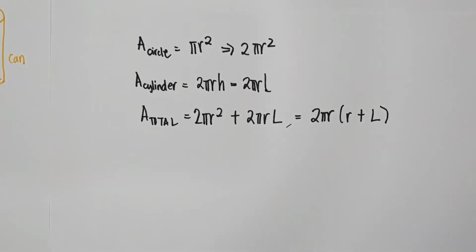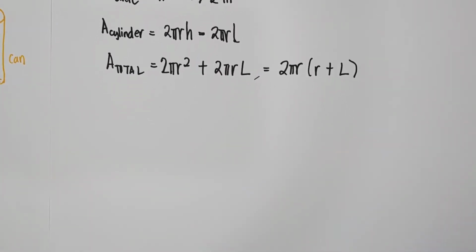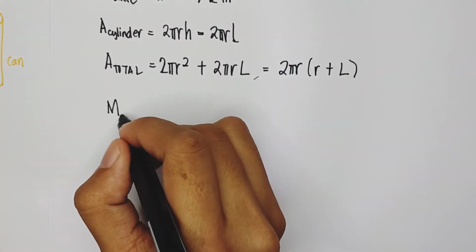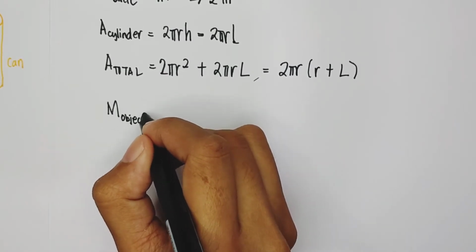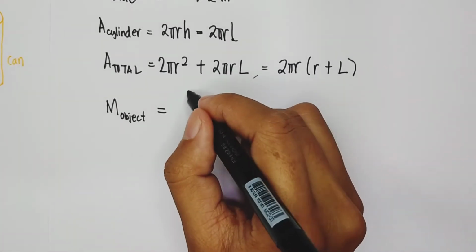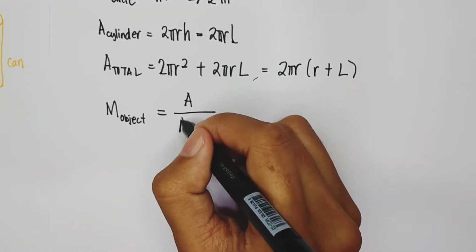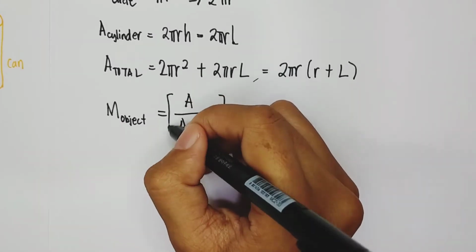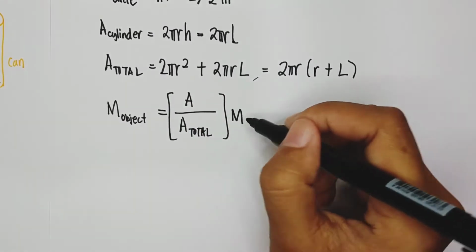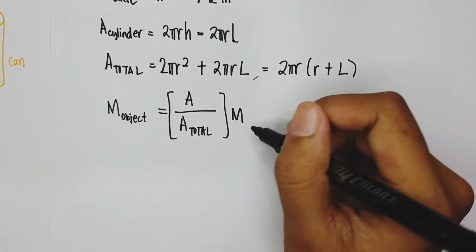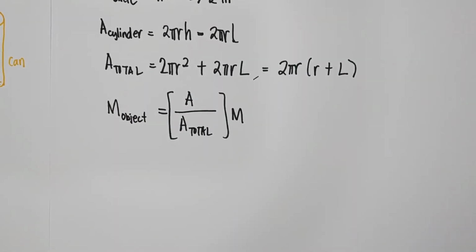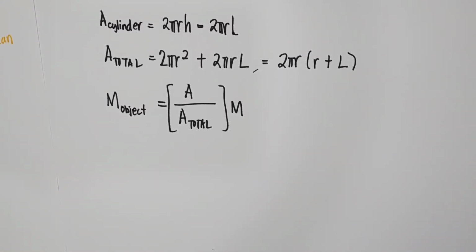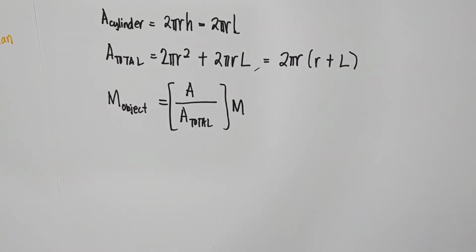Now, how are we going to find the mass? We use the formula: the mass of an object is equal to its area over the total area, times the given mass, the mass of the empty beer can. This is the formula we will follow.